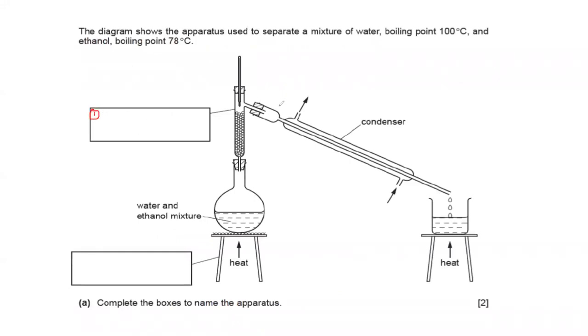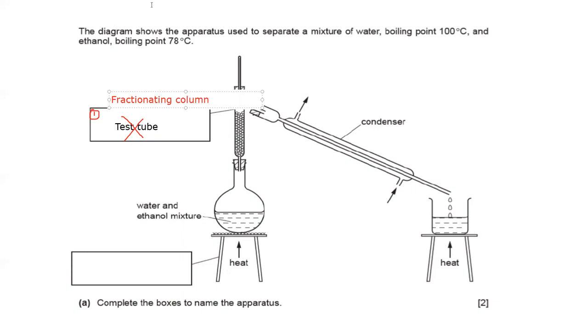Apparatus 1. This is a fractional distillation. No, it's not a test tube. That's not the right answer. This is specially for fractional distillation. So this part in a fractional distillation is called the fractionating column.